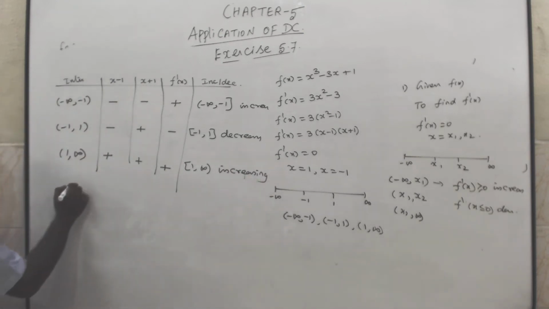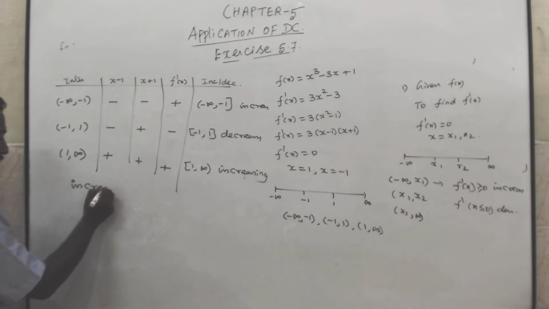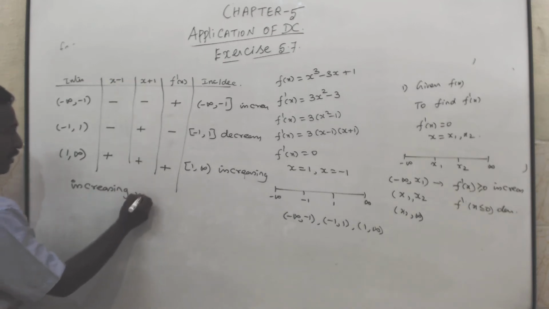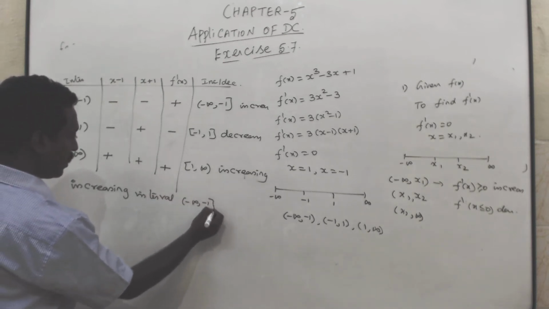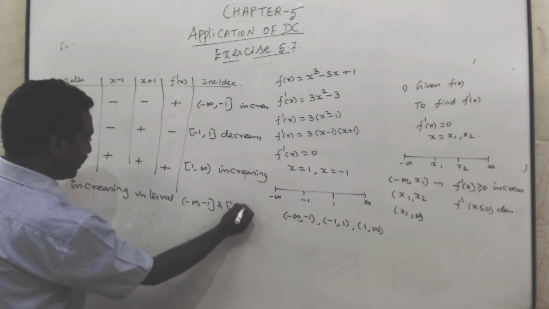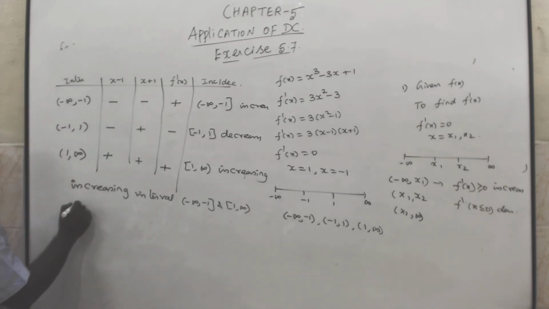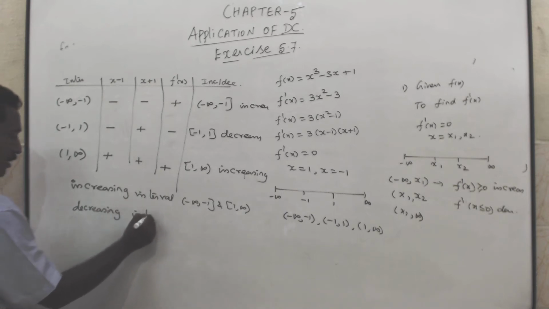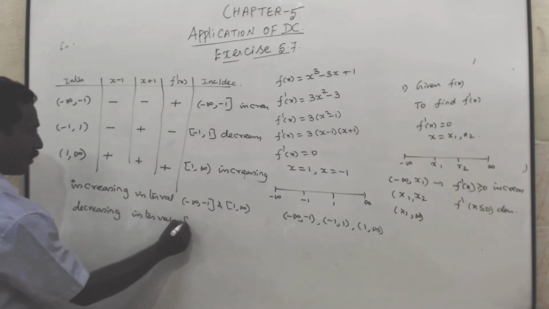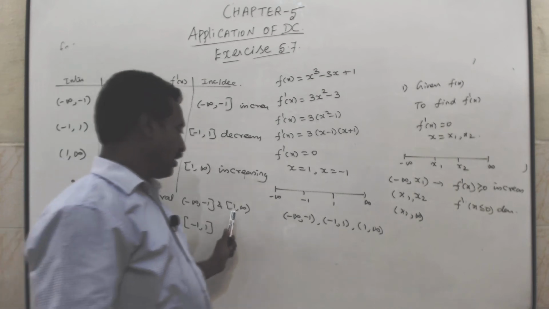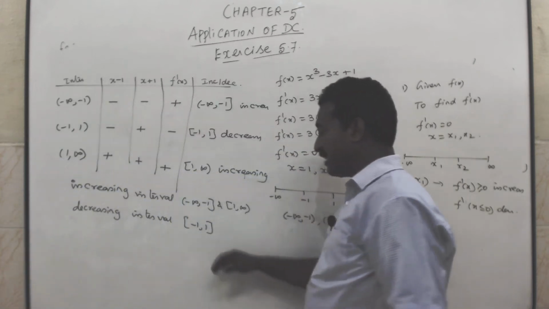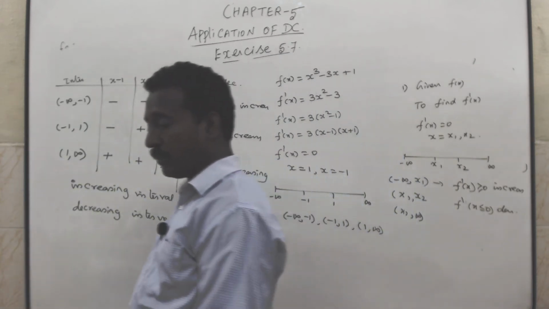Therefore, increasing interval: minus infinity comma minus 1 and 1 comma infinity. Decreasing interval: minus 1 comma 1.